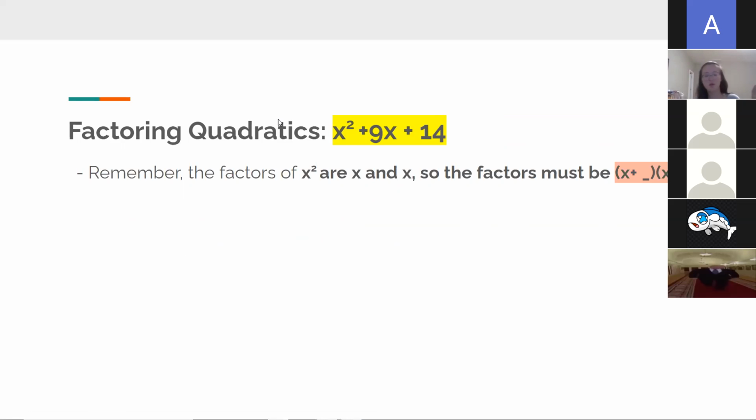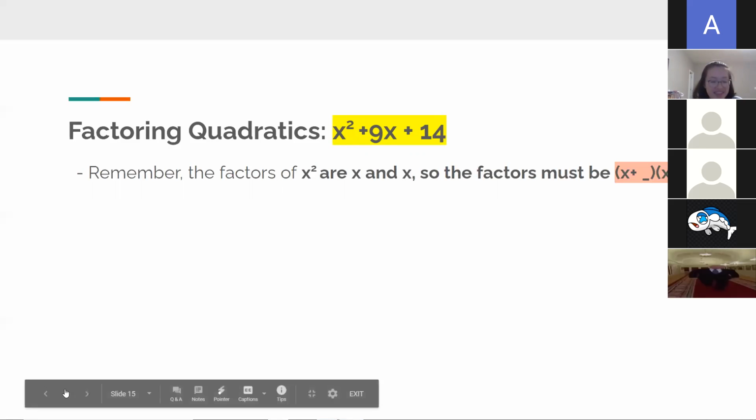What multiplied by what gives you x squared? It would be x, right? Because you multiply x times x and then you have x squared.